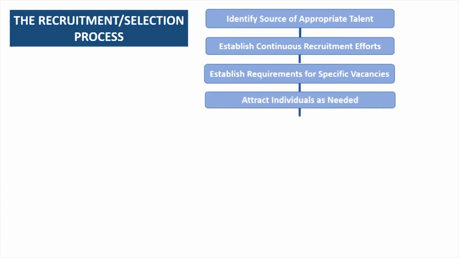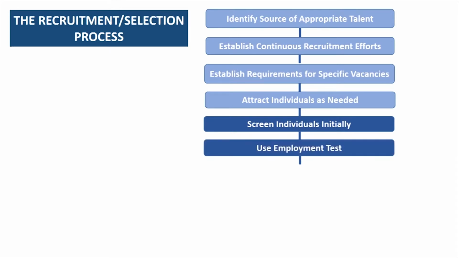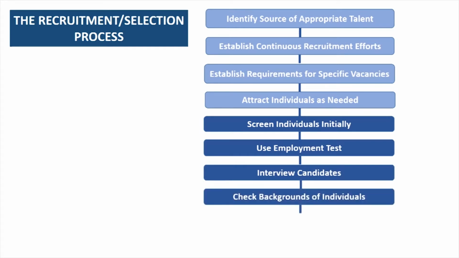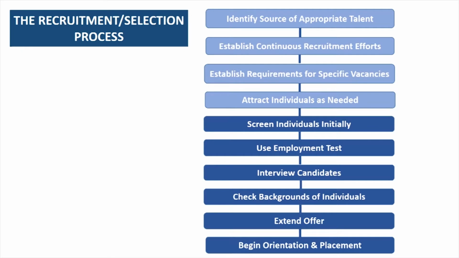This is followed by the selection process, in which the first step is where individuals are screened. Then, employment tests are used, candidates are interviewed, backgrounds of individuals are checked, then the offer is extended, and in the end, orientation and placement begins.